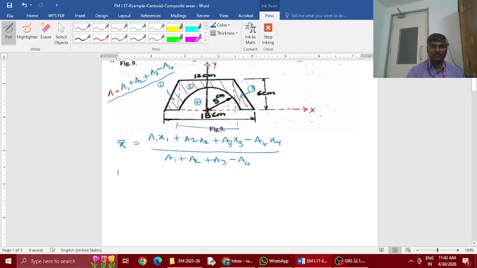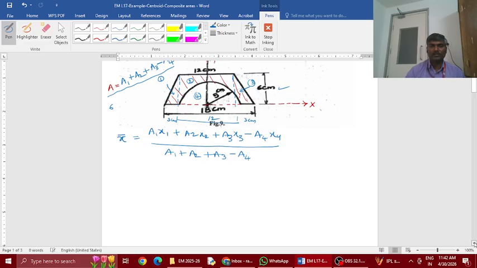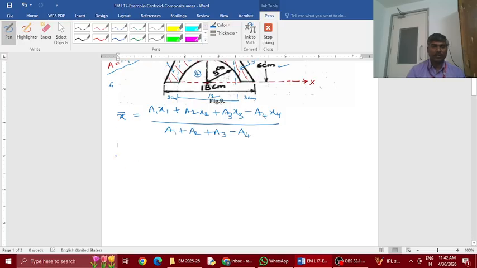This is 12. So the remaining is 6, and it is equally divided here, 3 centimeters and 3 centimeters. So now this triangle for me is 3 centimeters base, 6 centimeters height. Let us draw that one.